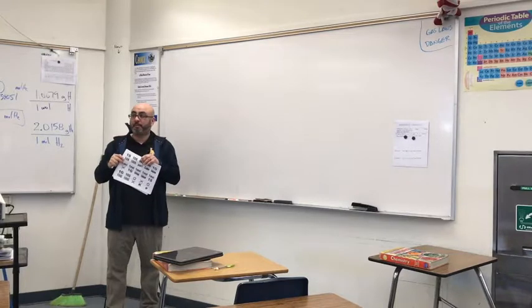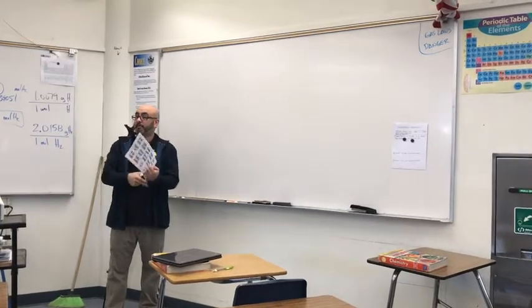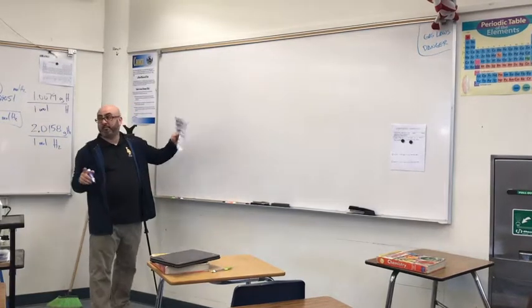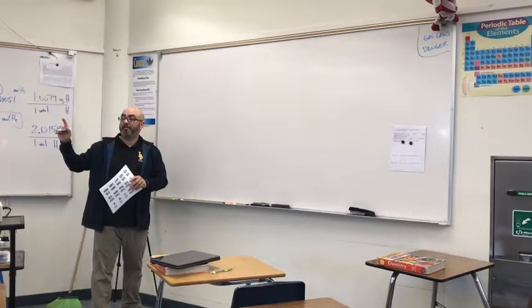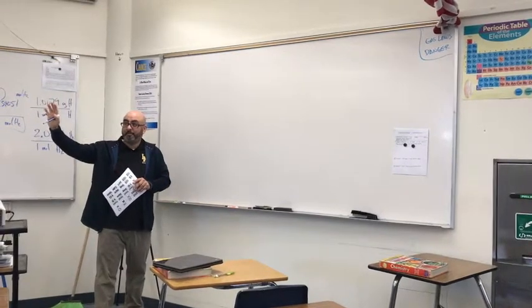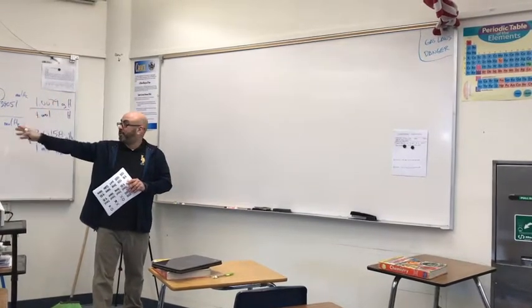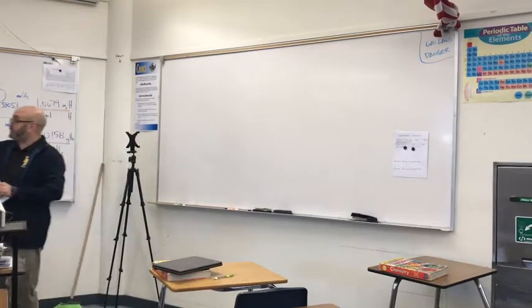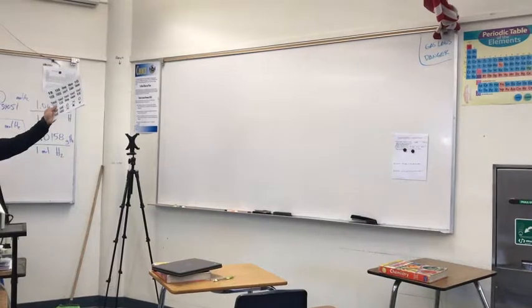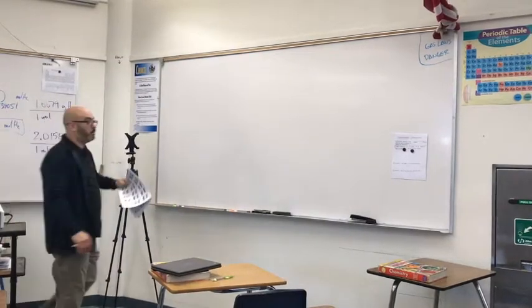The way this is going to work is that I'm going to write down what we're starting with, and then we're going to practice our dimensional analysis, but only the units. Does that make sense?